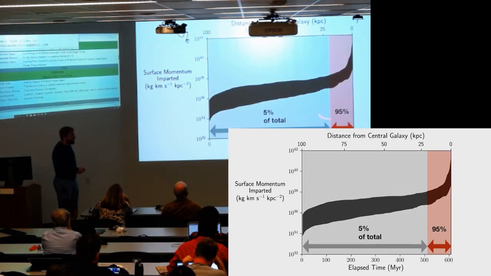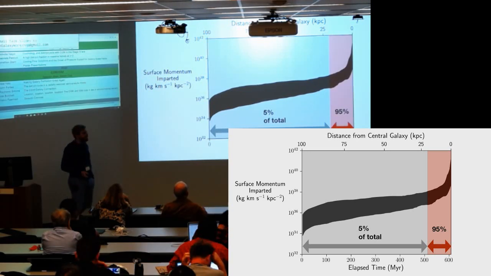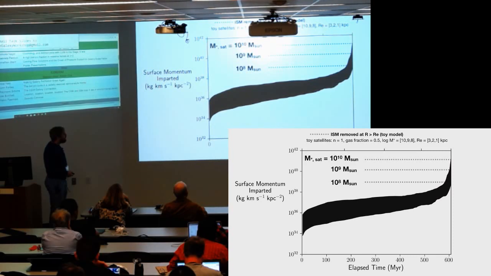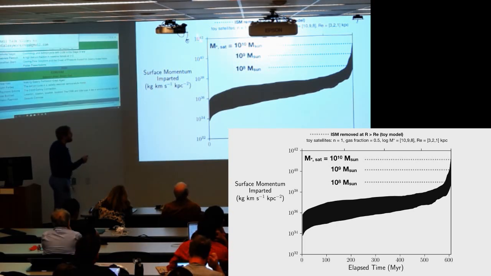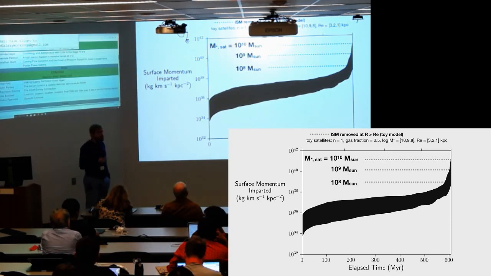Most of the surface momentum, 95%, is imparted right at the final stages of this thing. One thing we can do, we can argue about these numbers, but I just want to illustrate this, is take satellites with a given distribution of mass, a given gas fraction, and an effective radius, and ask at what point is the ISM removed at distances larger than an effective radius?